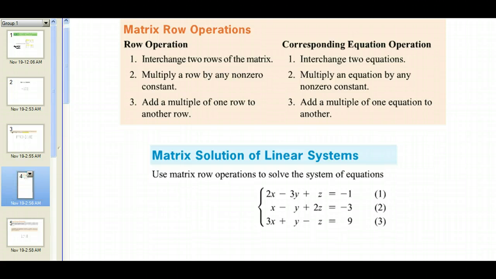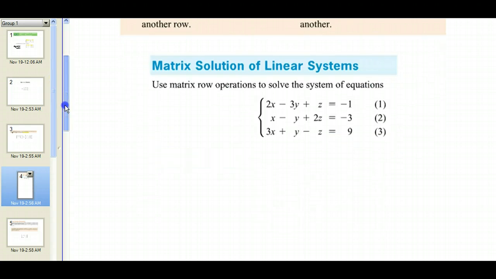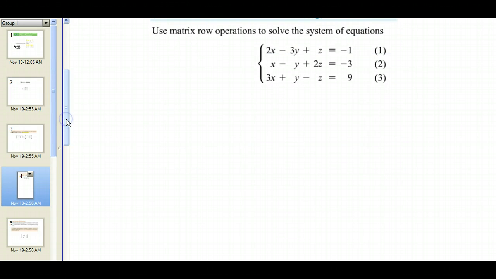Alright, now, so for an example, we're going to use these matrix row operations to solve this system. So the first thing I need to do is set up an augmented matrix here. So this is 2, negative 3, 1, negative 1. There's my augmented line.